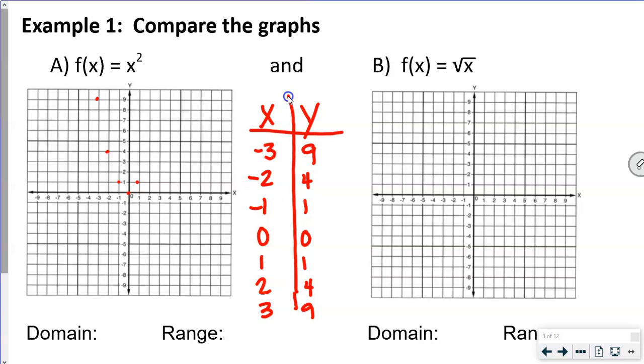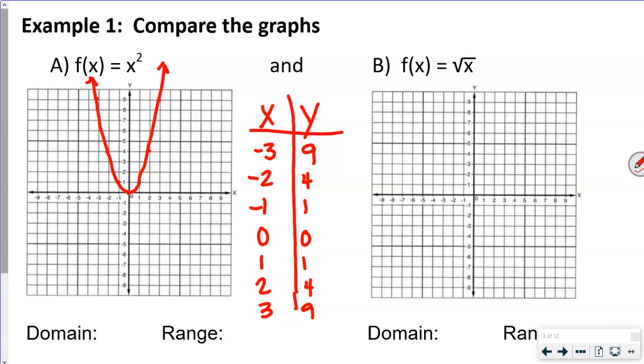Sorry, I definitely need to calibrate this. There, and then we've got 2, 4 there, and then we've got 3, 9 up here. So then we're going to actually draw this graph, okay? It's not going to be perfect, but it'll be close enough for our purposes. So there is the graph of y is equal to x squared.